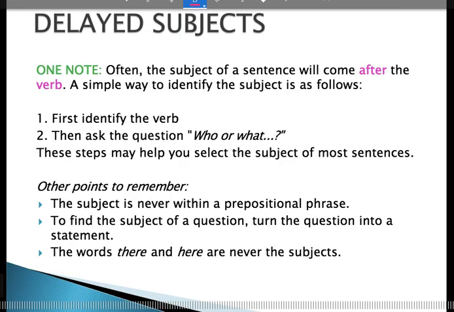However, there are times when the subject will come after the verb. And so there's an easy way to identify the subject, no matter what, so that way you will always correctly find it, whether it comes before or after the verb. So here are the steps that we're going to take to do that. Instead of asking first, who or what is the sentence about? Instead, we're going to first identify the verb.